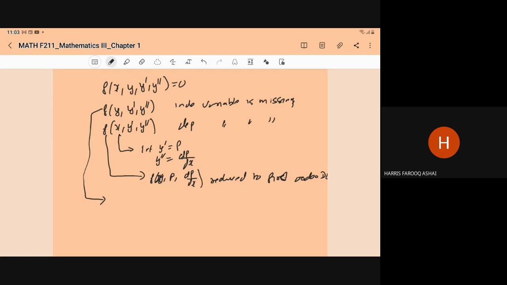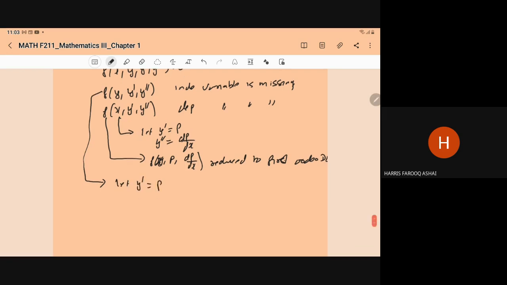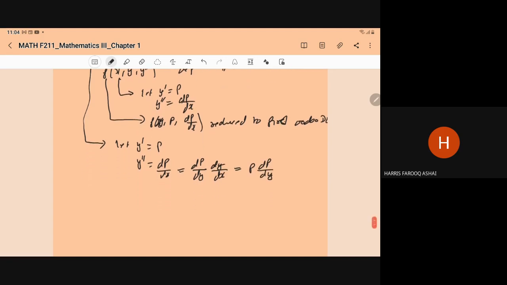Now when the independent variable is missing, at that time we assume y dash is equal to p. It will give you y double dash is equal to dp by dx, which can be written as dp by dy times dy by dx, which is p dp by dy.